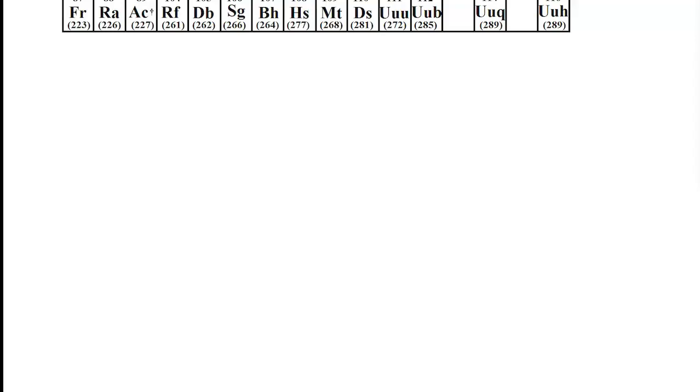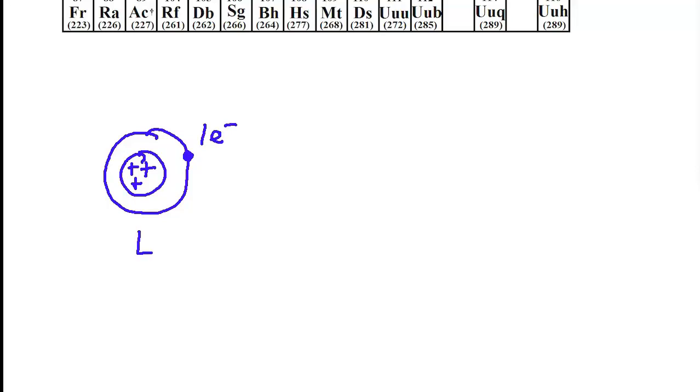Lithium would have 3 protons, and in its valence shell, now it would have 2 electrons in its inner shell, but its valence shell, it would just have 1 electron.